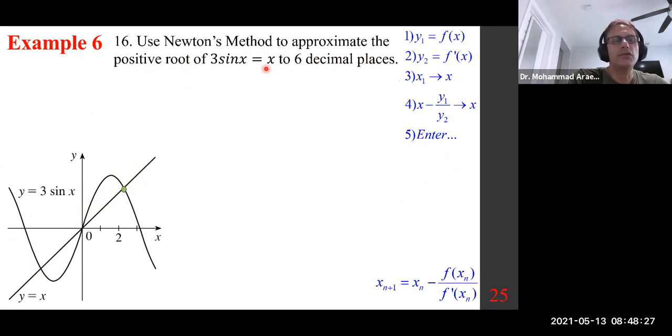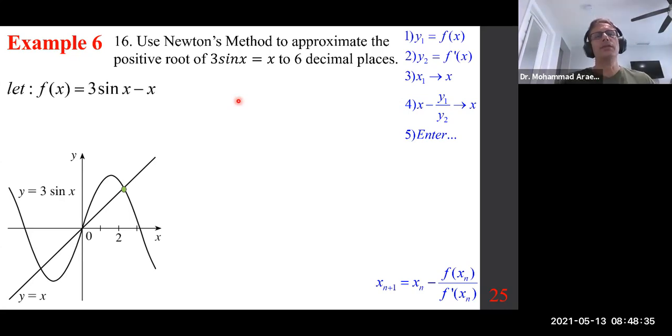So if you graph this as follows, y equals 3 sine x and y equals x, the points of intersection. So we write this as a function, bringing 1 to the other side. It doesn't matter which one. And if you bring x to this side and you call it f of x, you find f prime of x easily.